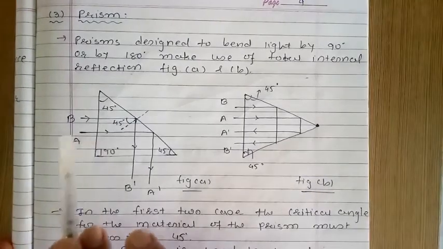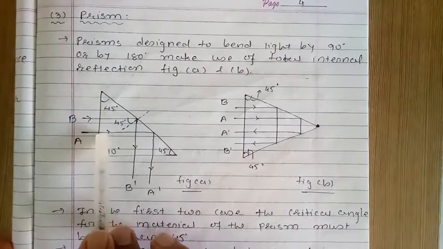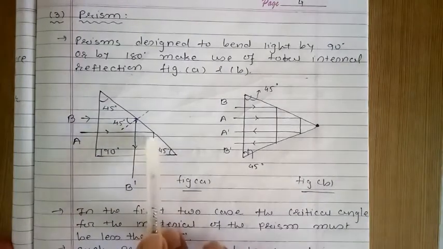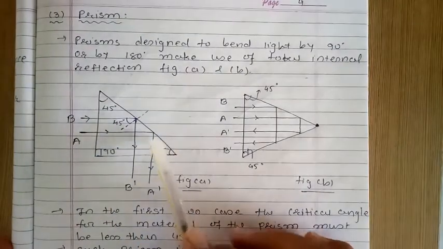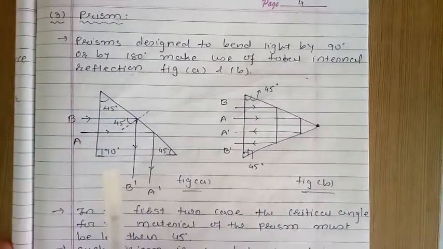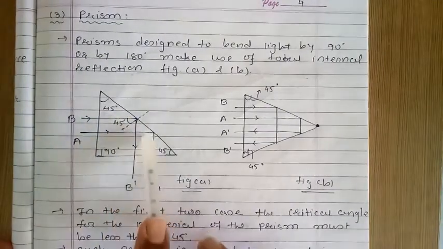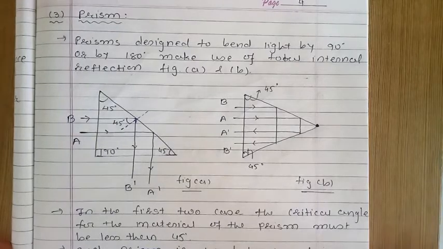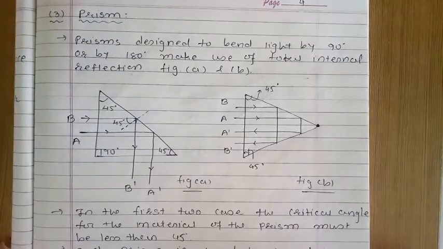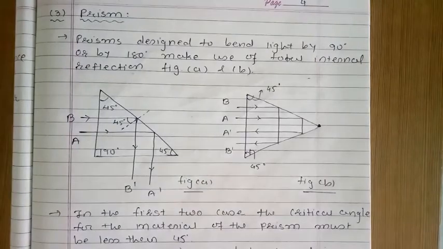You can see in this figure for A, this is the incident ray, incident at this surface, and after reflection it passes like this. For B, same. So here the light is bent by 90 degrees, but in this case the critical angle is much less than 45 degrees.